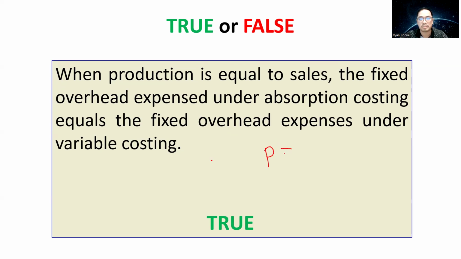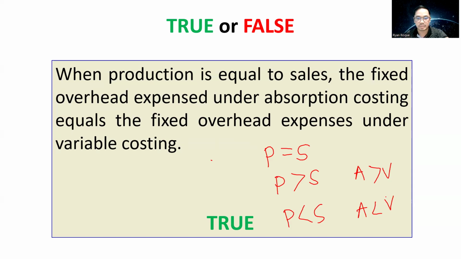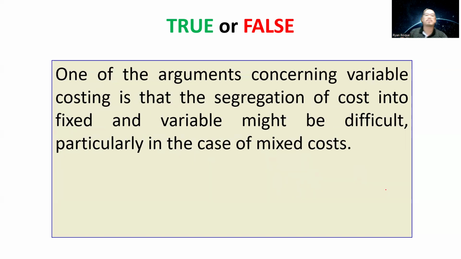That happens when P is equal to S. But remember, if P is greater than S, what will happen to the profit? Absorption profit would be greater than that of the variable profit. If P is less than S, or production is less than your sales, the profit under absorption would be less than the profit under the variable costing method. Okay, so let's proceed with the next item.